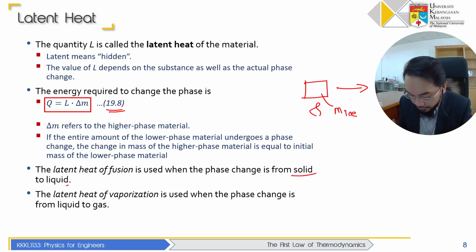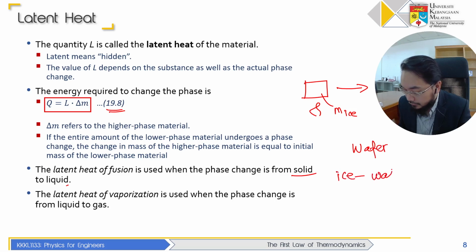Solid to liquid is the latent heat of fusion. Latent heat of vaporization is used when the phase change is from liquid to gas. So for example, water: you have ice, water, and then steam.